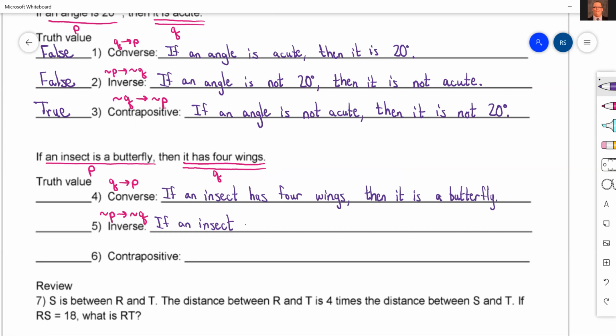So if an insect is not a butterfly, then it does not have 4 wings.